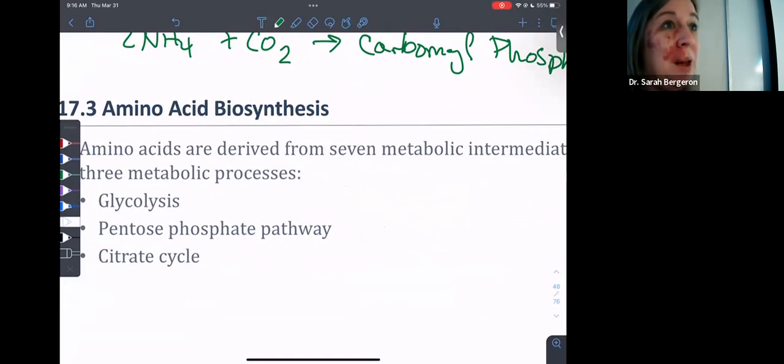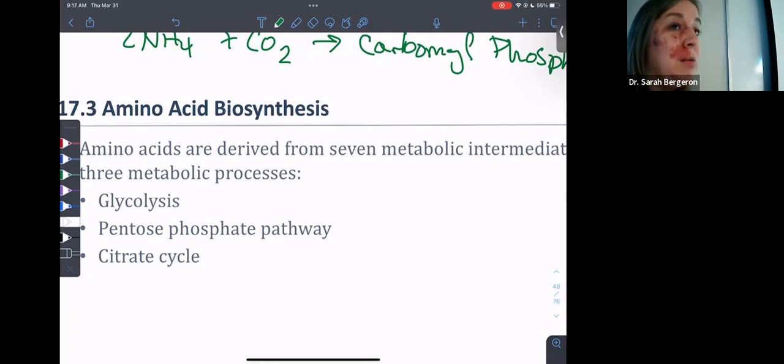There are some that we can't make. What do we call them? Essential. But bacteria, plants, they make them all. So just realize that when we talk about the creation of the essential amino acids, it's not happening in our bodies. It's only happening in plants and bacteria.